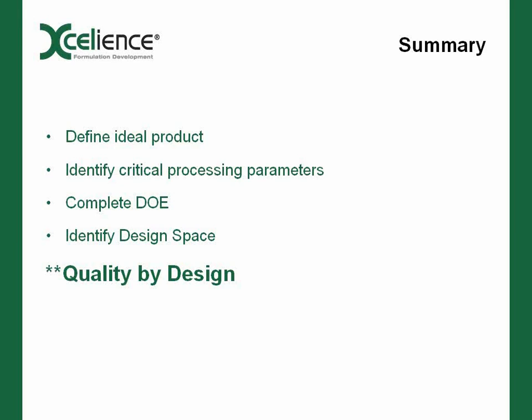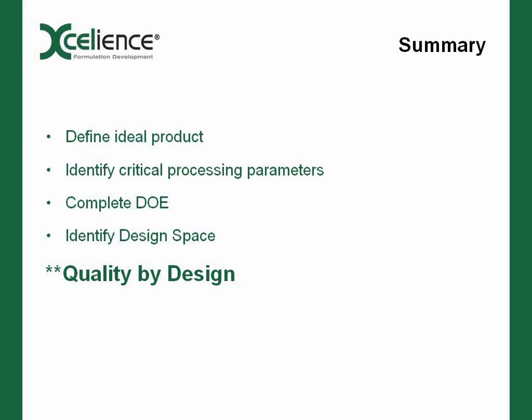The key is that you want to be able to at least do some minimal work, design of experiments, or however you want to call it, to help you identify the design space you can operate in to still reproducibly manufacture that product.